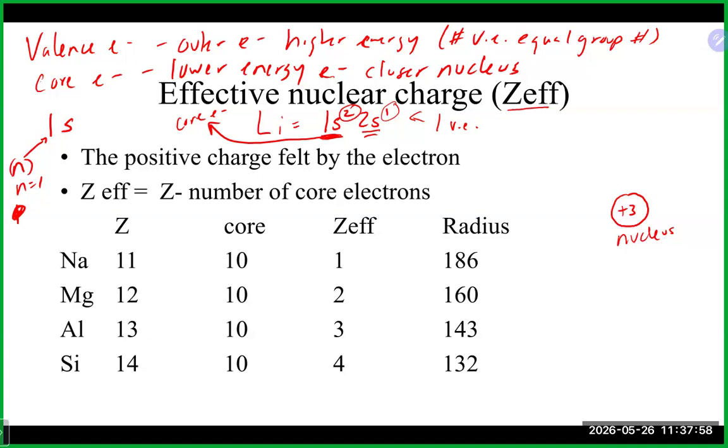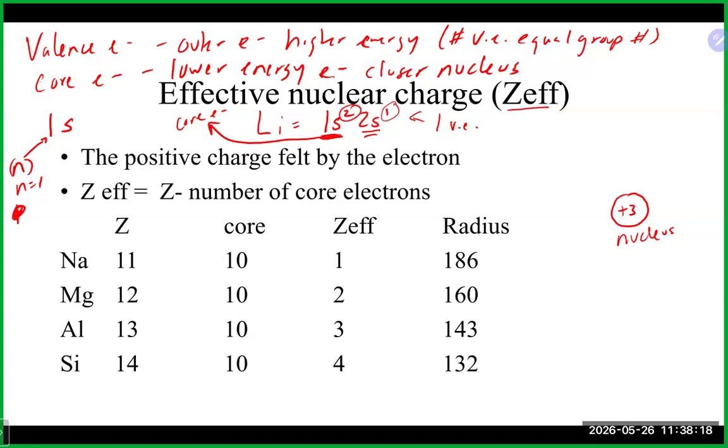And one of the things you might remember is that electrostatic attraction, between positive and negative charge, increases in strength with higher charges. So a +3 and a -3 are held together tighter than a +1 and a -1.